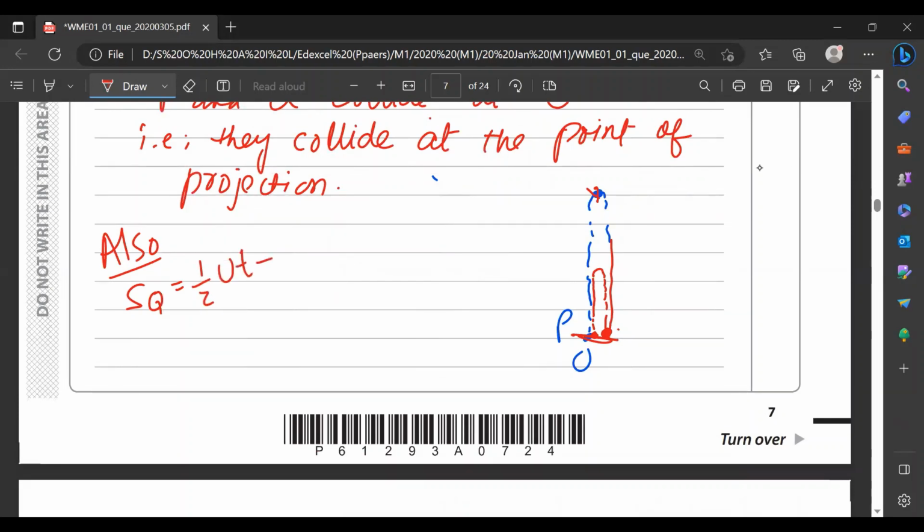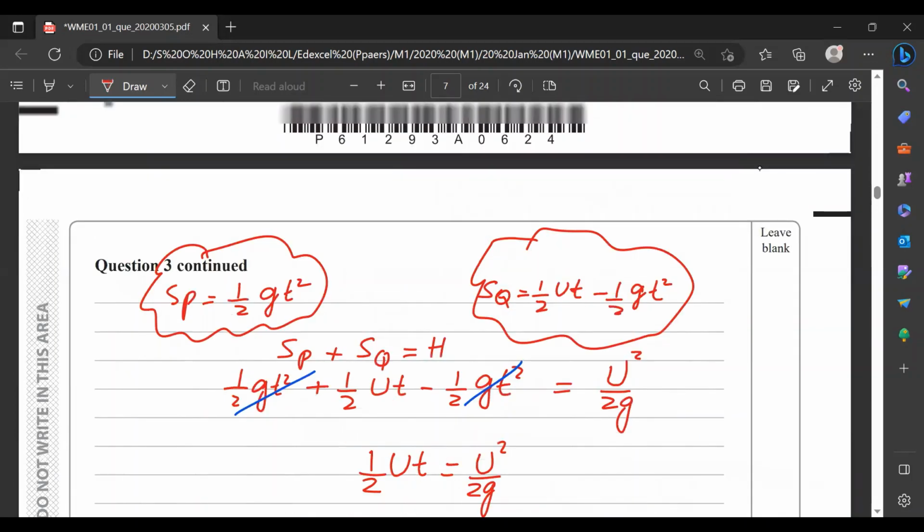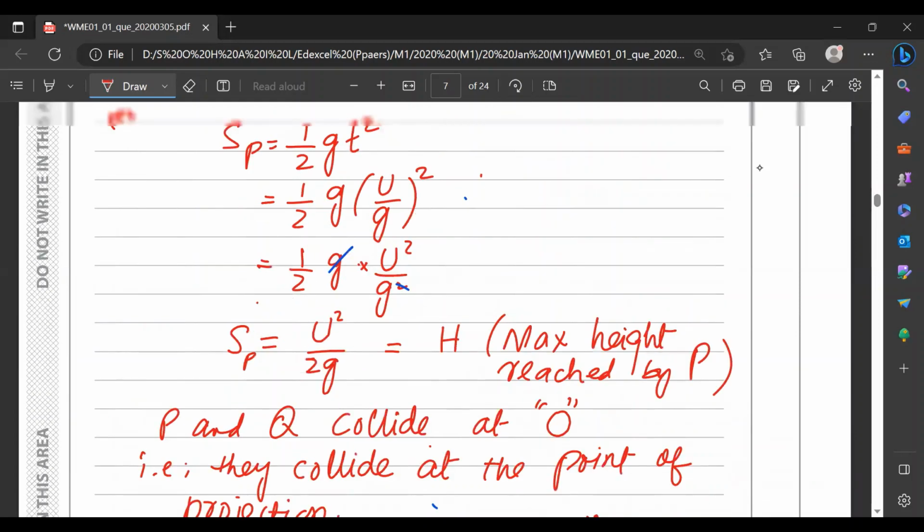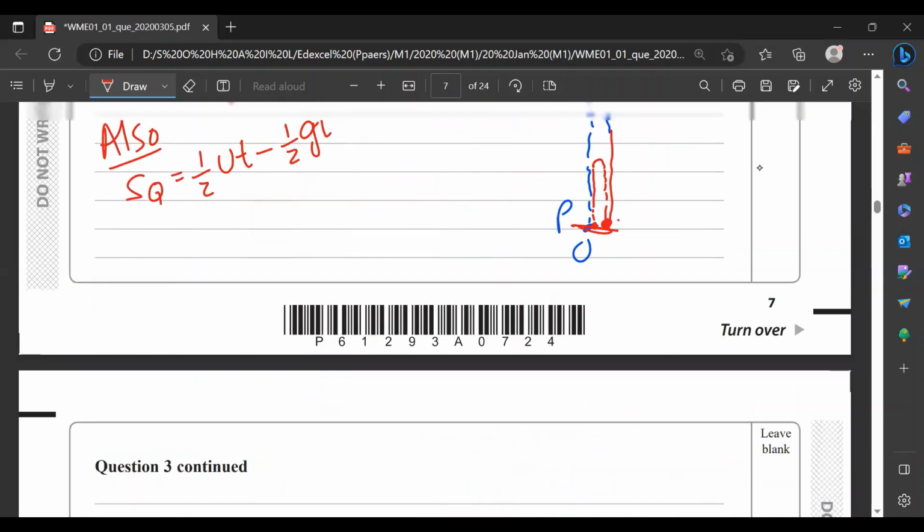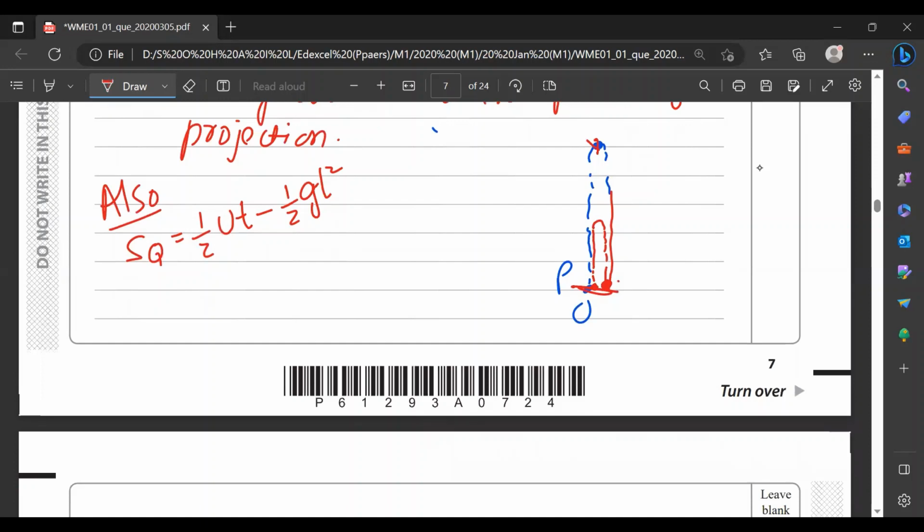When you use this value of T equals U over G, it is 1 over 2 U times U over G minus 1 over 2 G times U over G square.